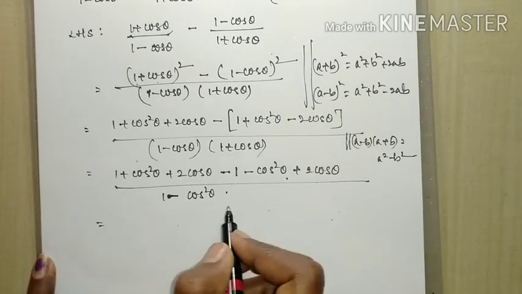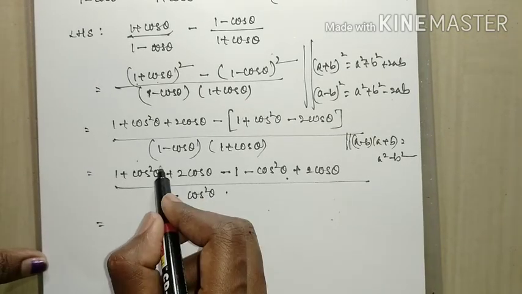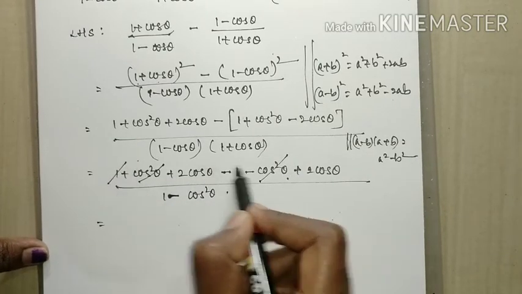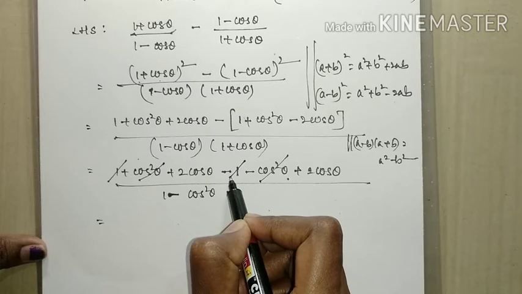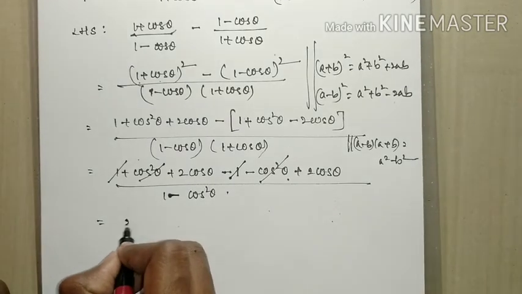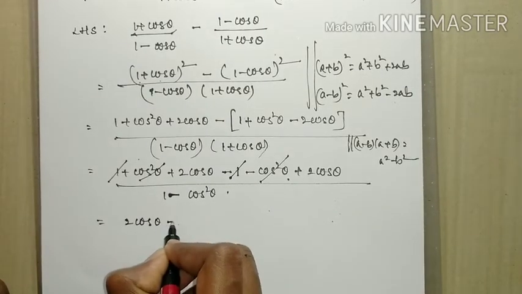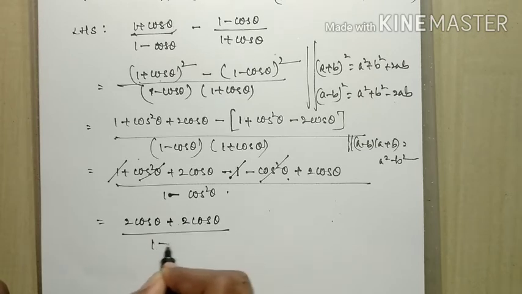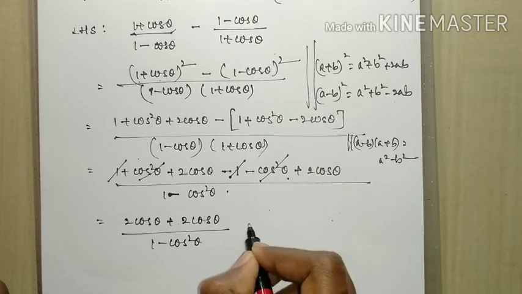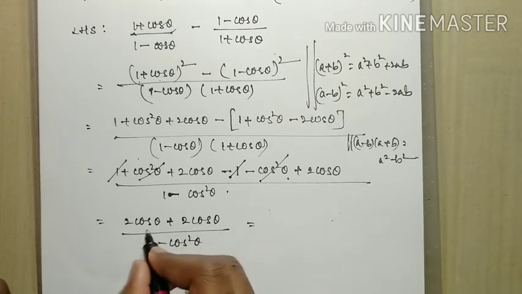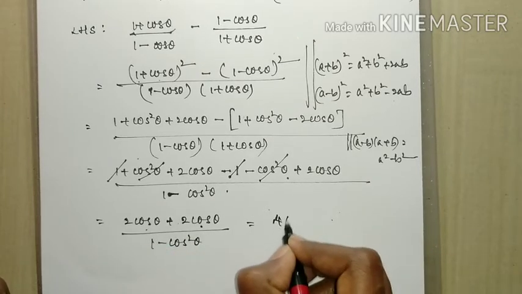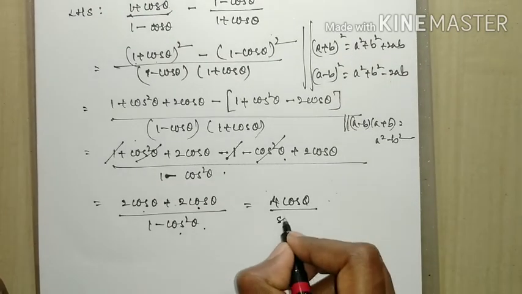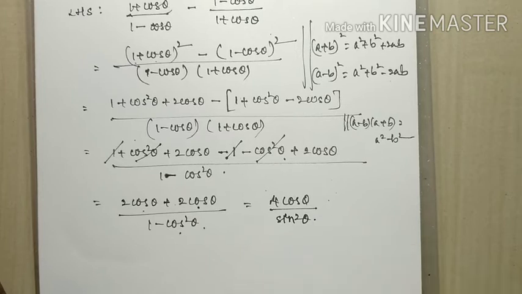So now here plus cos square theta minus cos square theta, plus 1 and minus 1 will get cancelled, and remaining is 2 cos theta plus 2 cos theta divided by 1 minus cos square theta. This is equal to 2 cos theta plus 2 cos theta is 4 cos theta divided by 1 minus cos square theta, which is sin square theta.